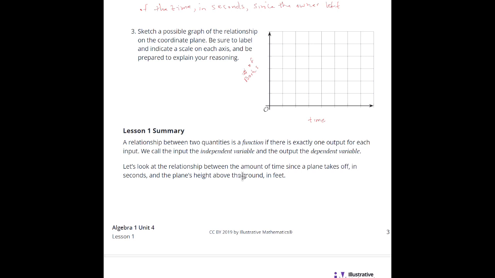We don't really need to be specific about this. 40, 60, 80, 100, 120, 140, 160. And then up here, let's put 3, 6, 9, 12, 15, 18.